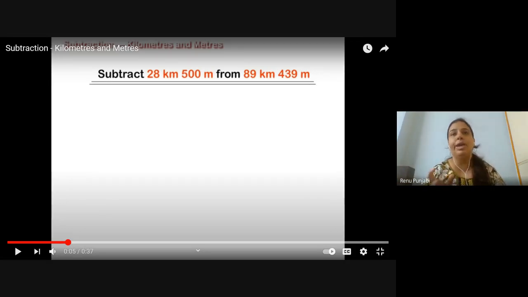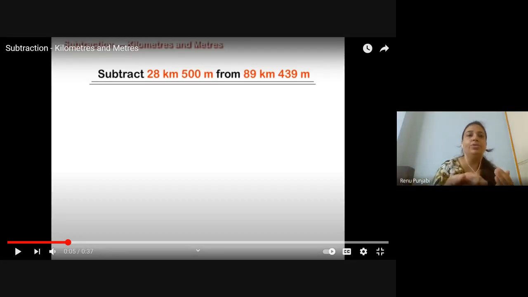But don't think 89 kilometers will go in the kilometer column and with the 89 you will write 500. Your answer will be wrong, because 89 kilometers has a friend with it, 439 meters. That only will go along with 89. You cannot write 89 kilometers and 500 meters. The 500 meters is a friend of 28, and will only go along with 28.